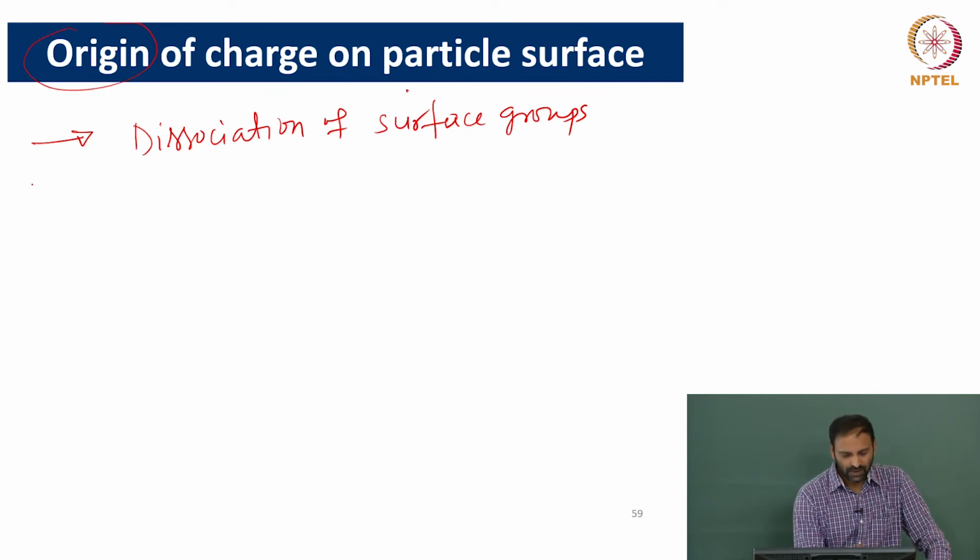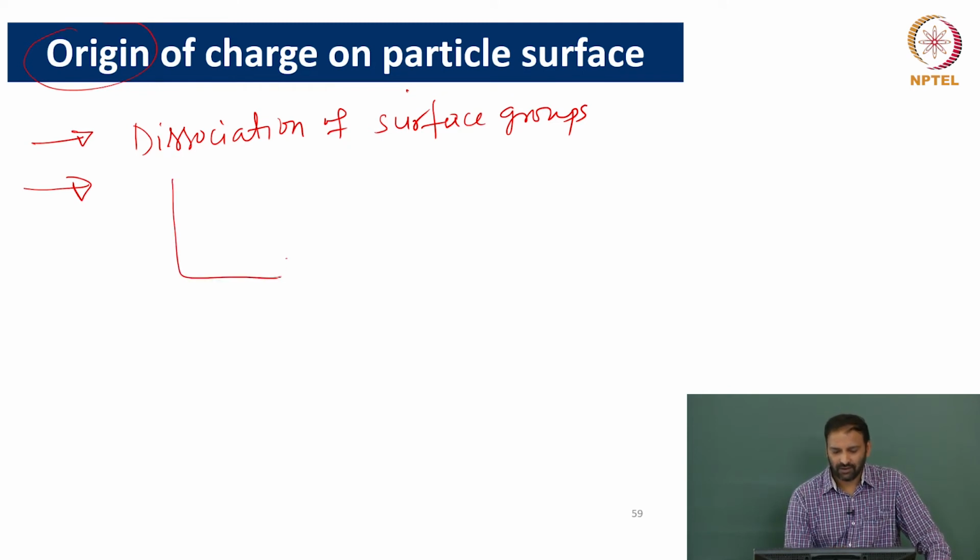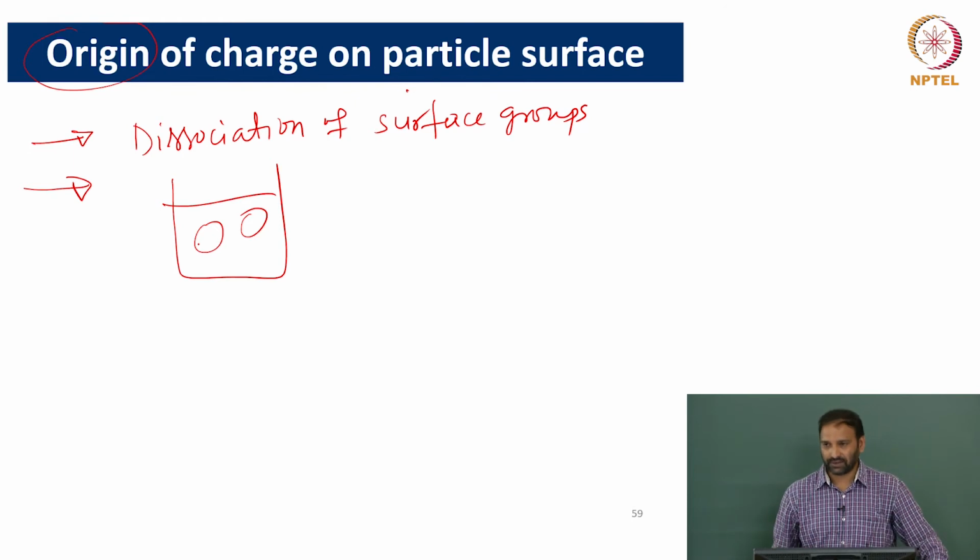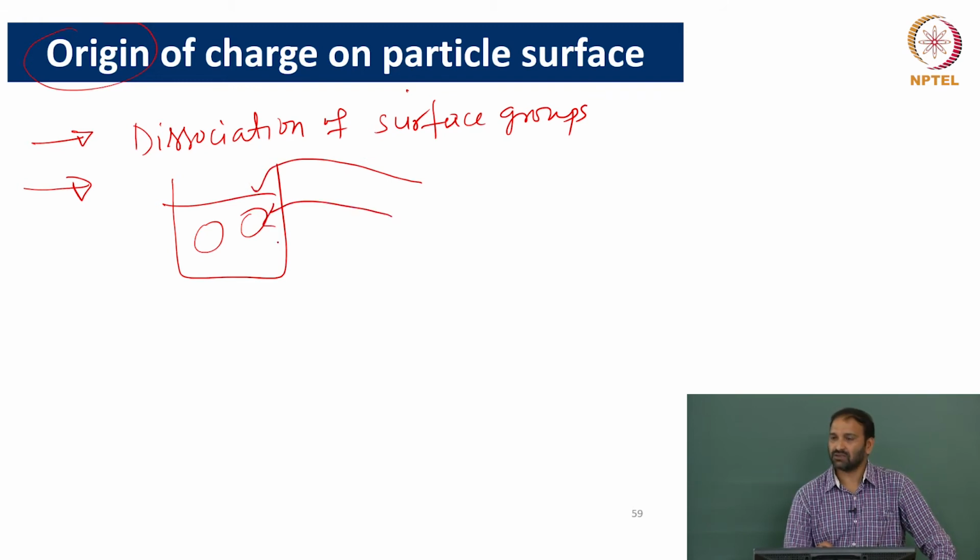Okay, so the second example I'm going to give you is if I have, say, particles, right? Now say these are not functionalized particles, they are homogeneously smooth, right? Then I can add different things to this fluid. I have a colloidal dispersion, okay?